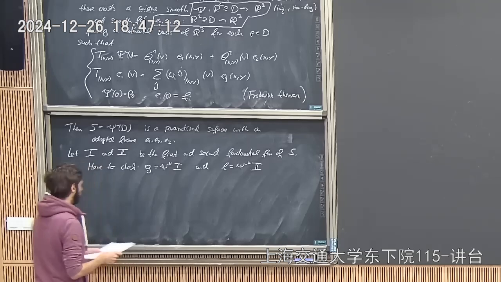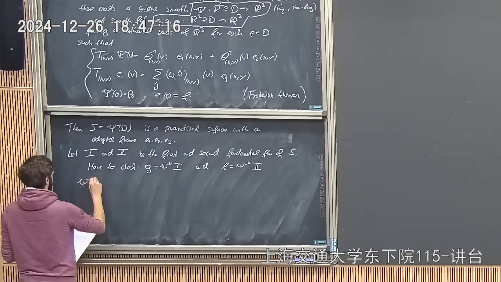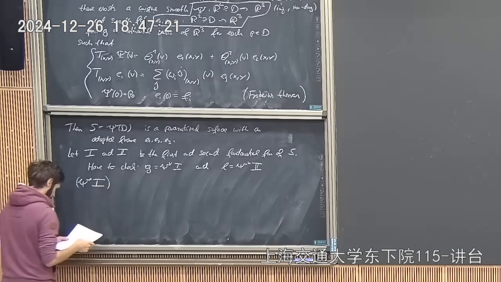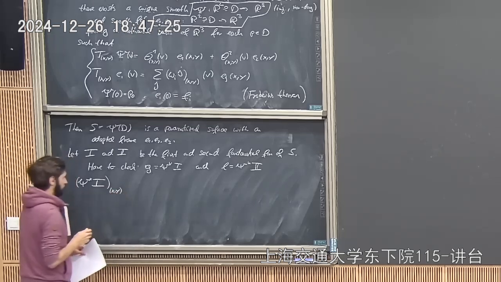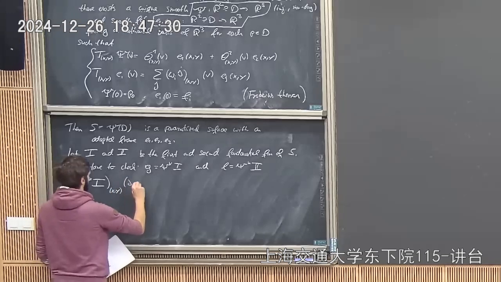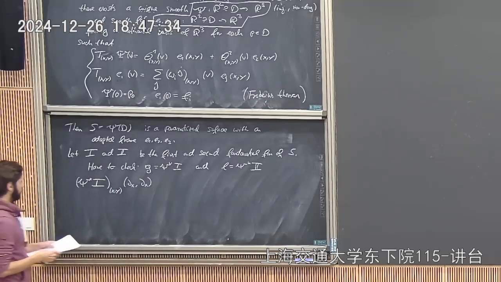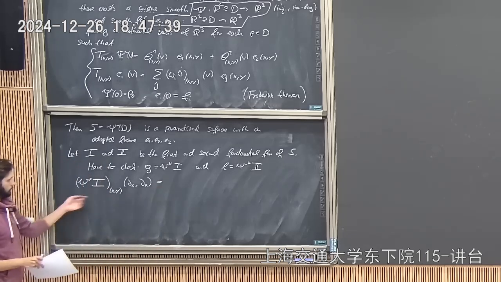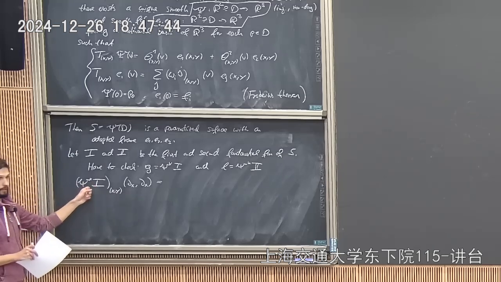Okay, so let's do that. Let's say we verify it in the 1-1 direction, so we evaluate it on dx and dx. The first step: the only thing I can use is that this one is defined as a pullback.